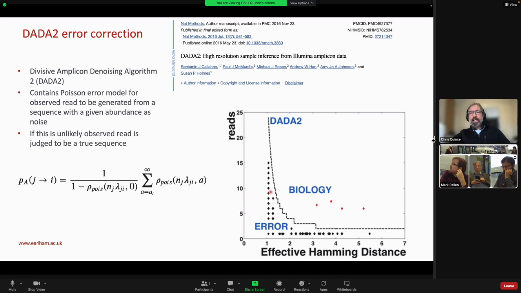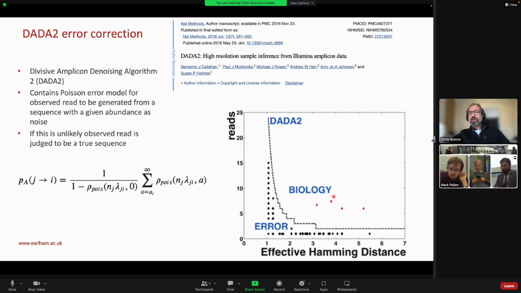And this is showing, basically, DADA working in a perfect fashion. So here on the y-axis, we've got the number of the observed reads at a certain edit distance to one true sequence. So we see a lot of sequences with just one error, but then less with two. That's the nature of Poisson noise. And what DADA is trying to do is to define this line here, where we can correctly discriminate sequencing errors from true variation.